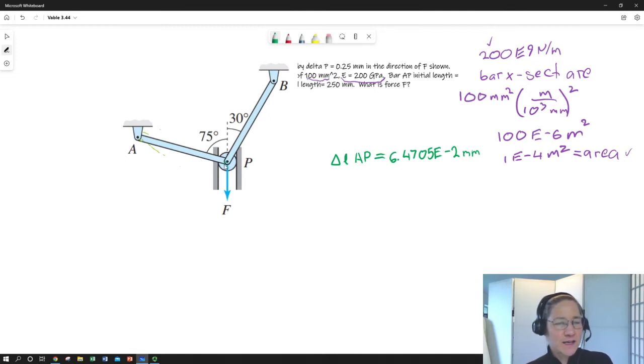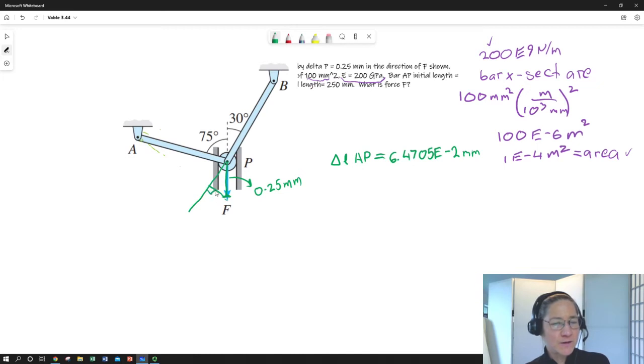So we're going to extend PB in its original line of action, and then we're going to pick some distance that we're going to designate as being our 0.25 millimeters.